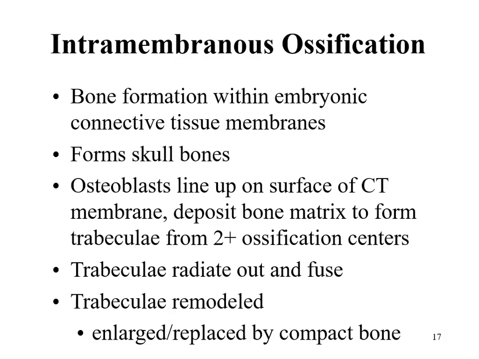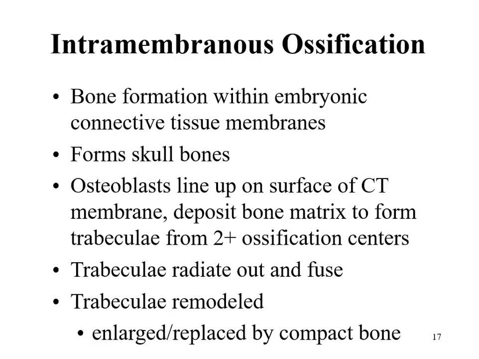Head up, neck up would be intramembranous ossification. Here, we're going to see osteoblasts aggregating or lining up on the surface of that connective tissue membrane, then depositing bone matrix from multiple, 2 or more ossification centers to form the trabeculae of spongy bone.